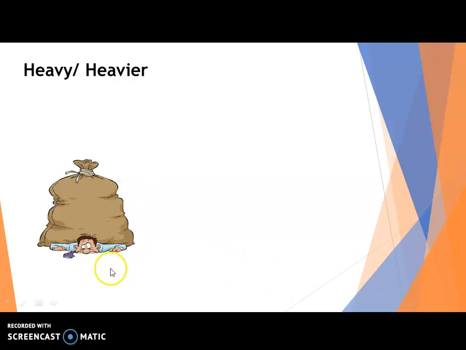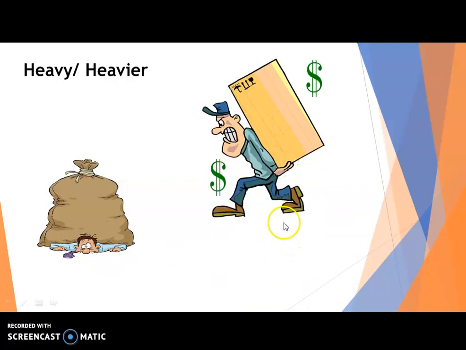That's why he is now on the ground. And the second man is carrying a box. But look at the second man. He is still alert, walking, carrying the box.